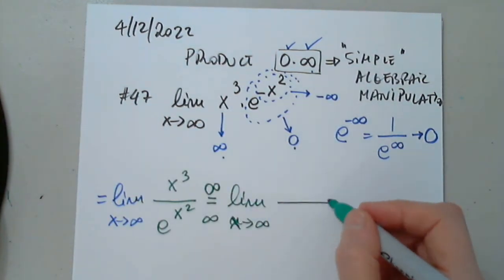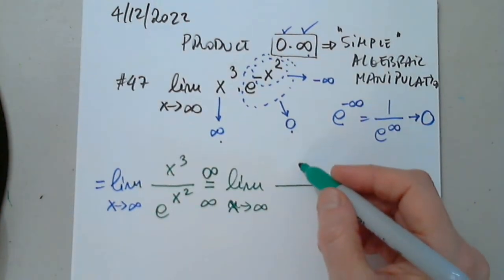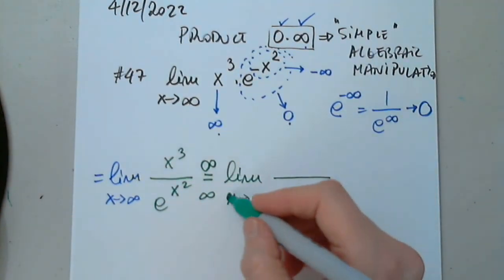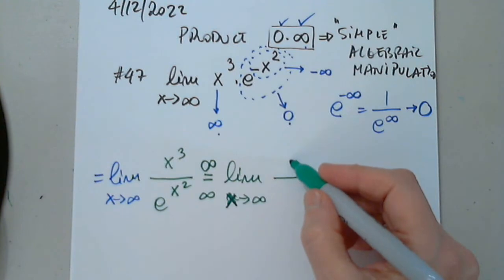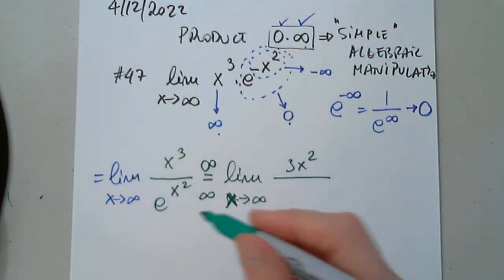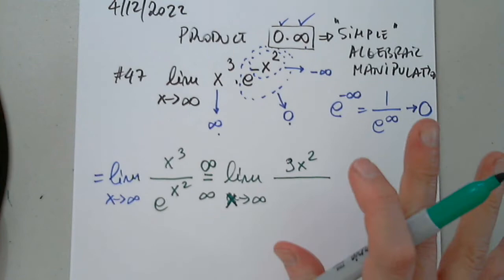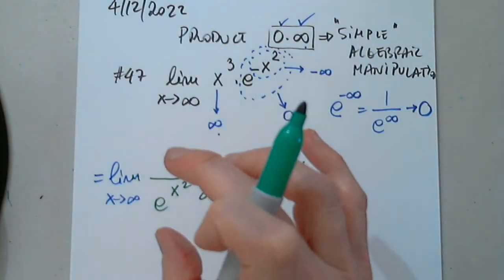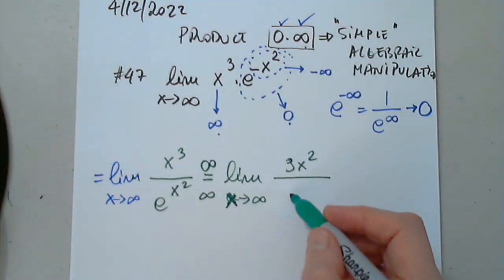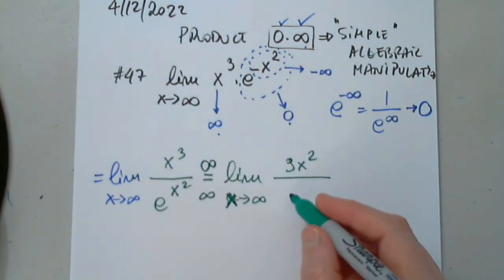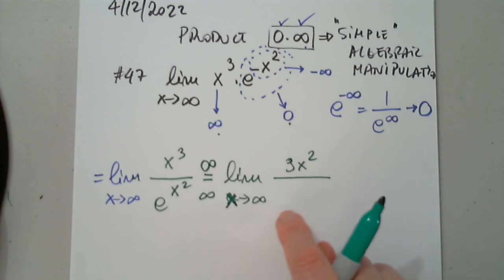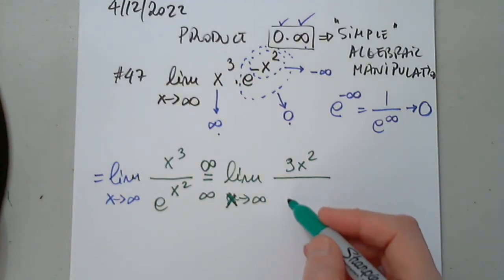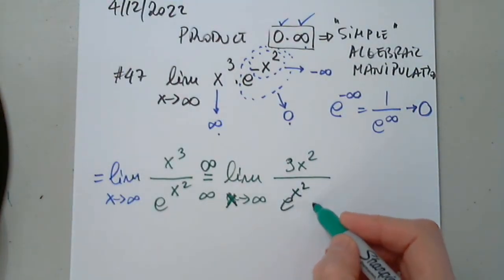So now we differentiate the top. What do we get? X squared. Excellent. We differentiate the denominator. All conditions are fulfilled. It's a limit, it's infinity over infinity, both functions are differentiable, and it's a ratio. We're differentiating this: e to the x squared, excellent, times 2x.